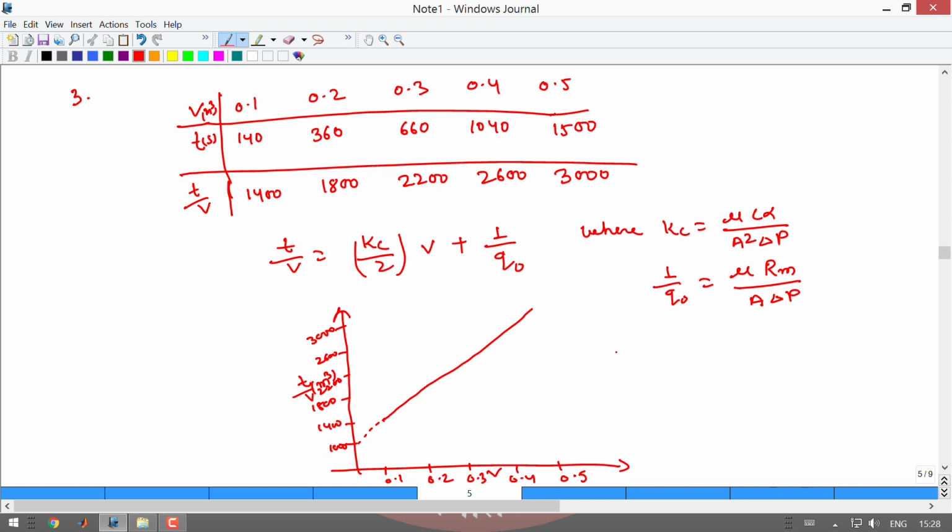From the graph, if you calculate the slope, you will get slope equal to 4000 second per meter 6 and intercept equal to 1000 second per meter cube.